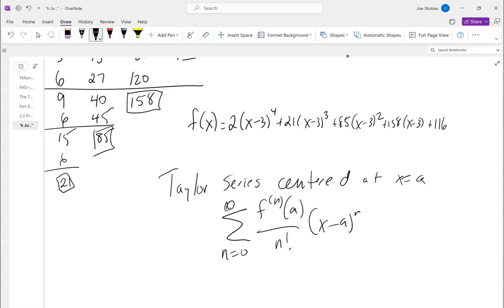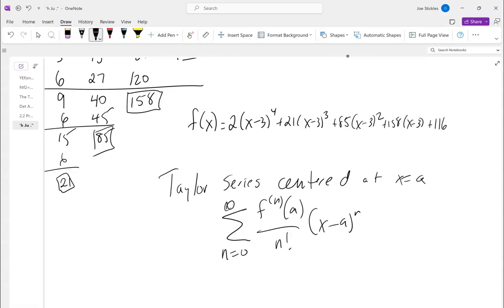So what that tells us is that, for example, the first derivative of the polynomial at 3 has to be 158. That has to be the Taylor coefficient. Right? What does 85 have to equal? So the f double prime of 3 over the 2, right?